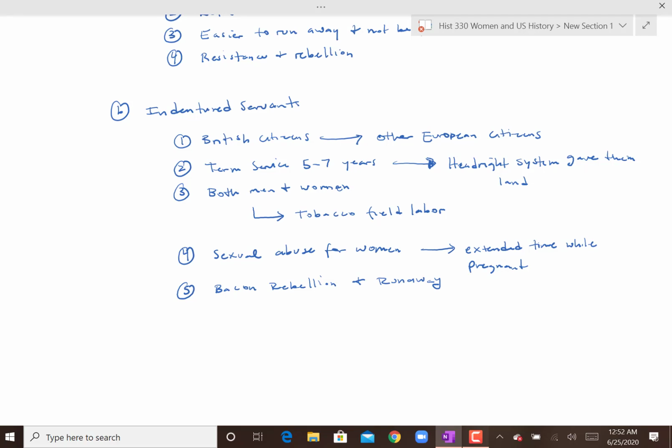it was an armed rebellion of past and some current indentured servants that overthrew Jamestown and the governor, and occupied it for a little bit.